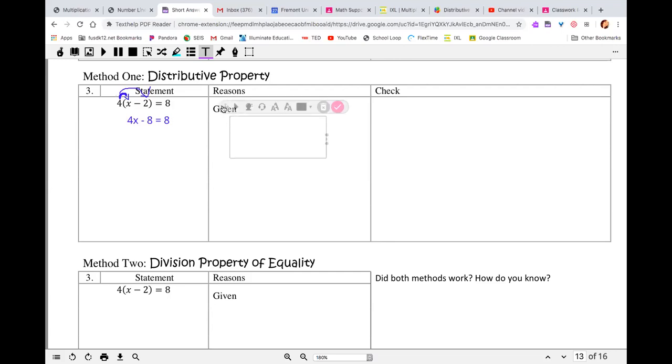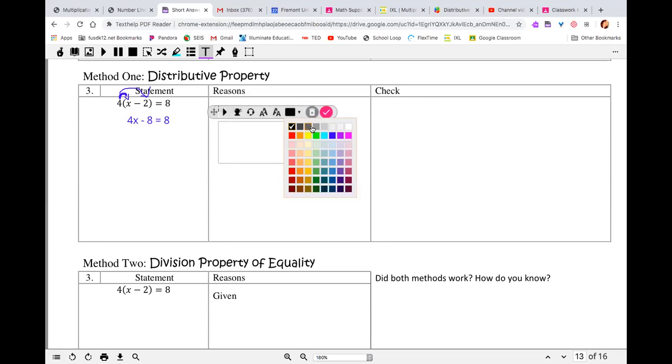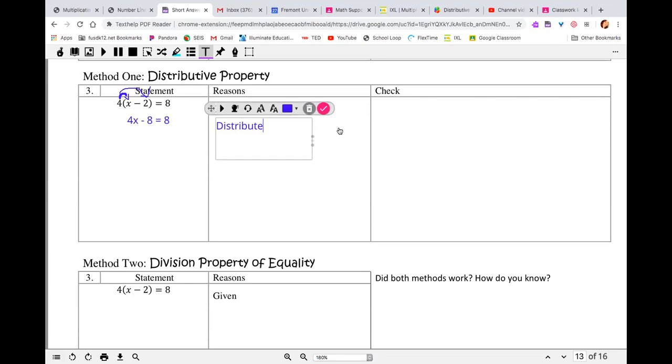Over here, for my reasons, because we distributed, we would write that. Okay. So first I had to distribute. That's the first thing I did. So what is the next thing going to be?